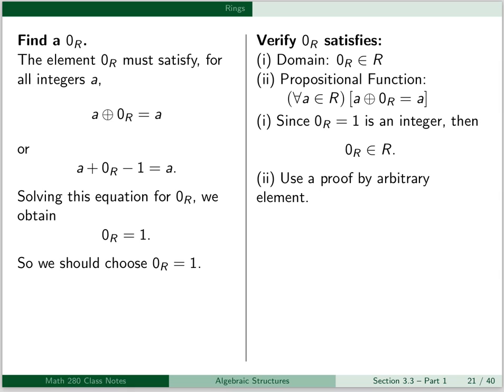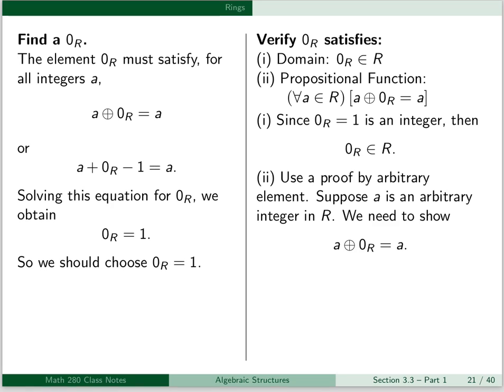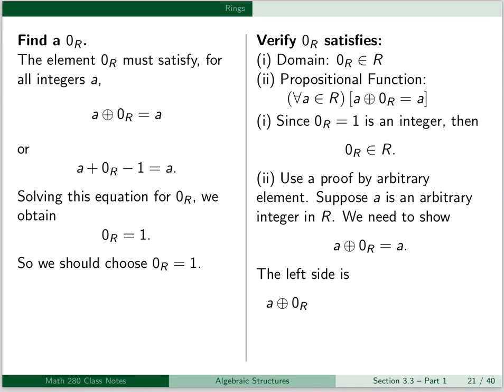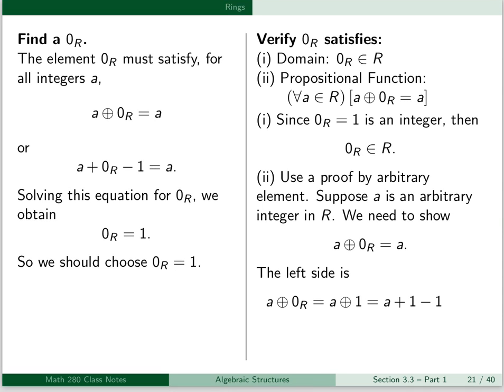And for the propositional function, we have a universal statement, so we're going to use a proof by arbitrary element. So we'll suppose a is an arbitrary integer in R, and we need to show a circle plus 0 sub r is equal to a. The left side is a circle plus 0 sub r, which is a circle plus 1, which is a plus 1 minus 1.